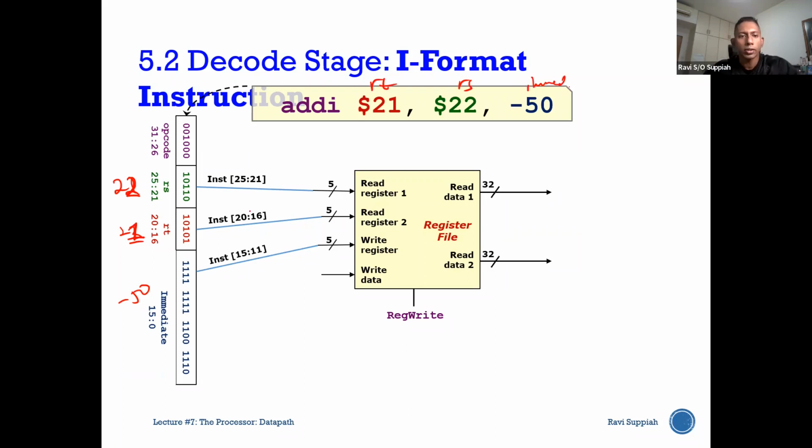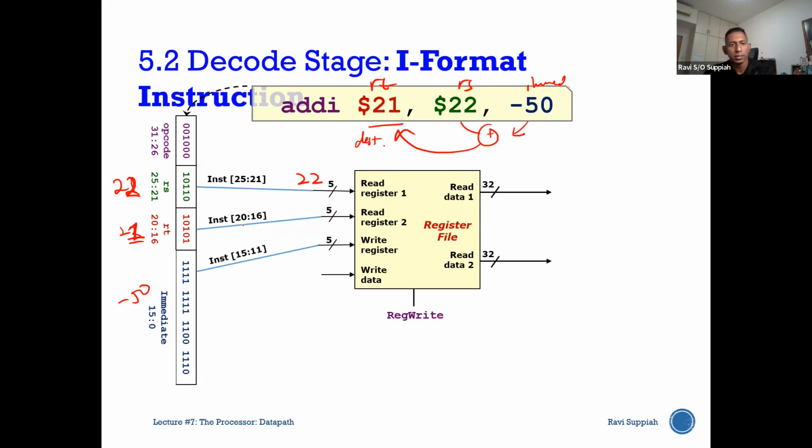Your RS register is still fine, because you want to read from register 22. But are you reading from register 21? No. Because in this instruction, we are supposed to take the content of register 22, do an addition with minus 50 and put the data into register 21. That means this is actually your destination register, where you want the result to be stored.